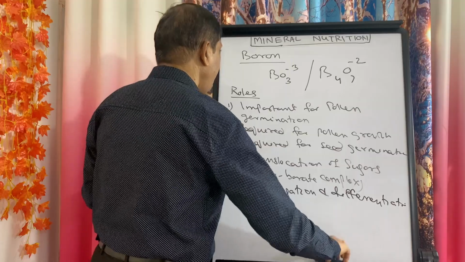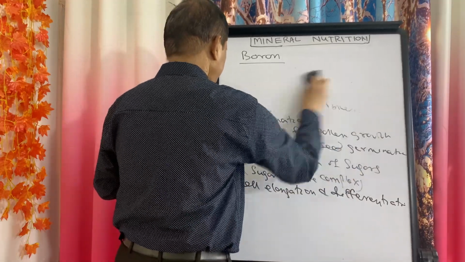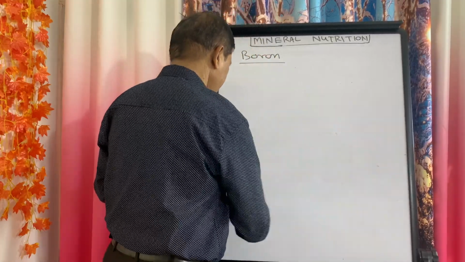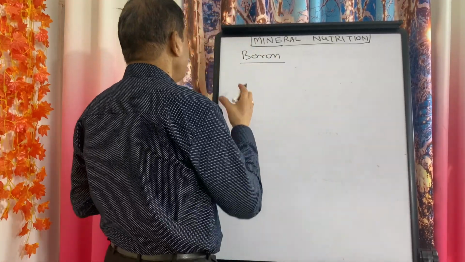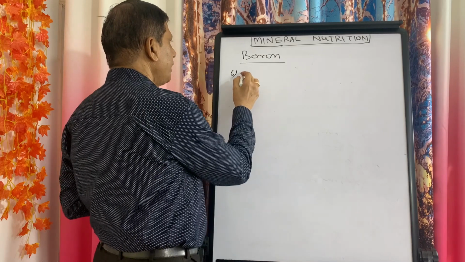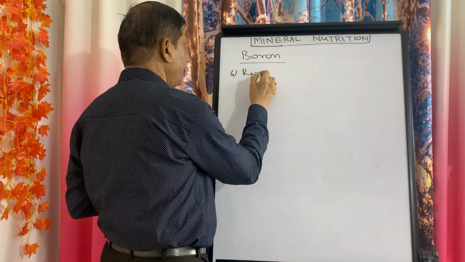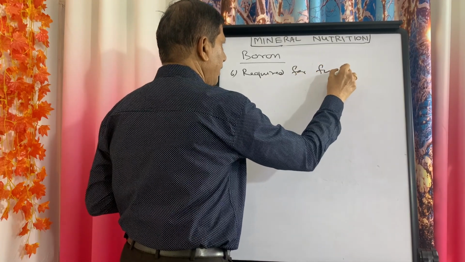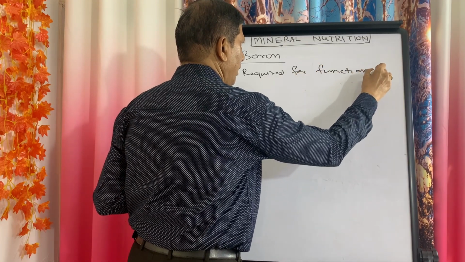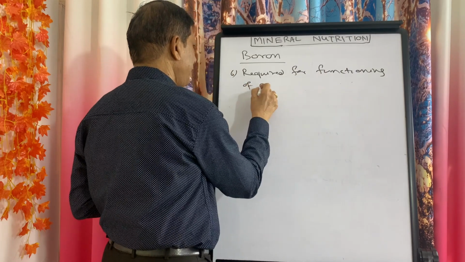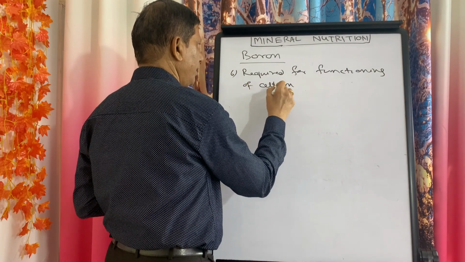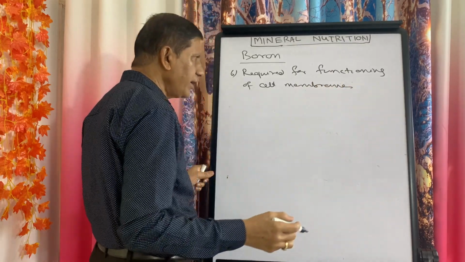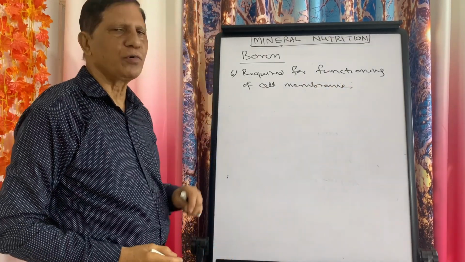Then among the other factors, the next important is it is required for functioning of cell membrane. That means the different functions of cell membrane are dependent on the presence of boron.